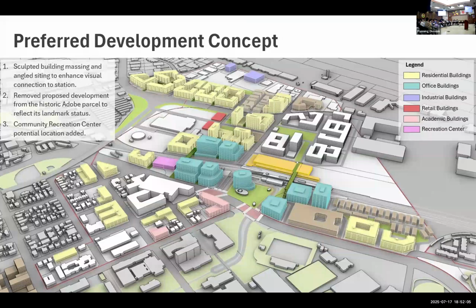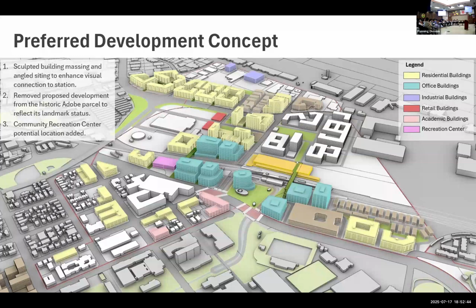So we sculpted it further and also angled its siting so that we could create more visual connection from this intersection towards the train station, angling the building a little away from that region and opening up view corridors from the buildings on the other side.